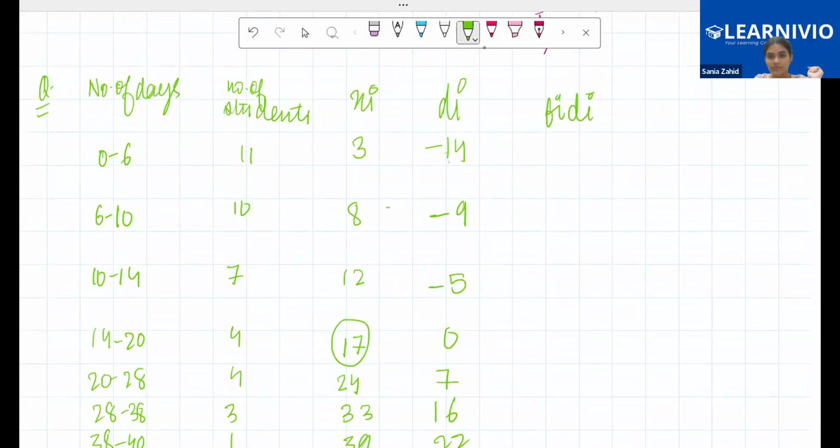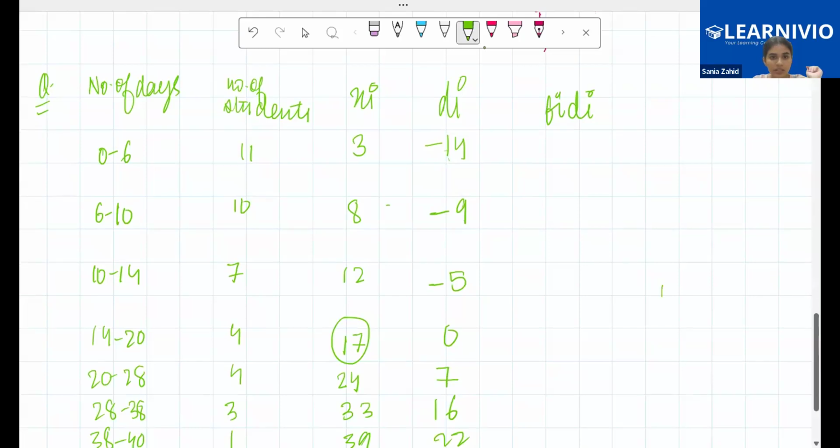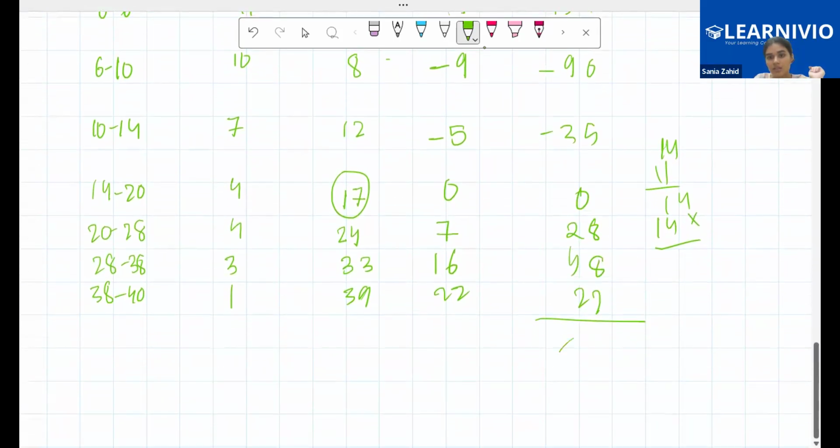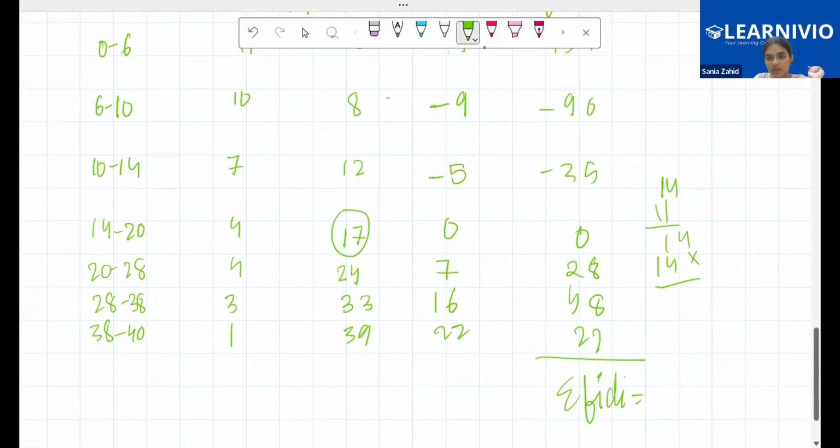You just have to multiply 14 into 11, minus 154, then minus 90, minus 35, 0, 28, 48, and 22. Now what is sigma fidi? Just add all of them.